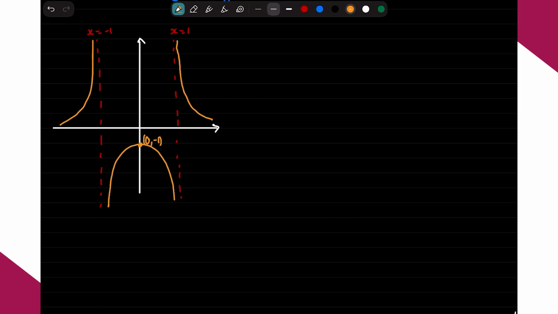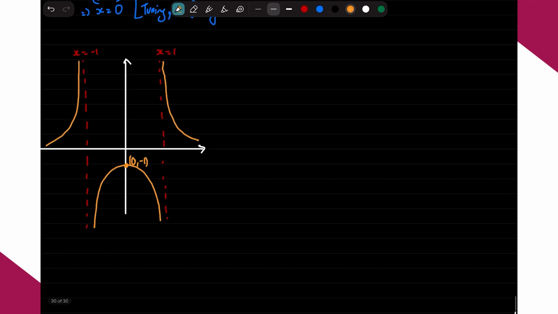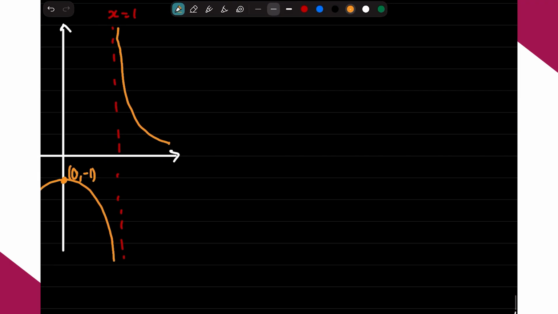Now what I want to show you is the sketch for what happens if we take the absolute value of y equals 1 over x squared minus 1, the absolute value of this entire function. We already know what absolute values are.